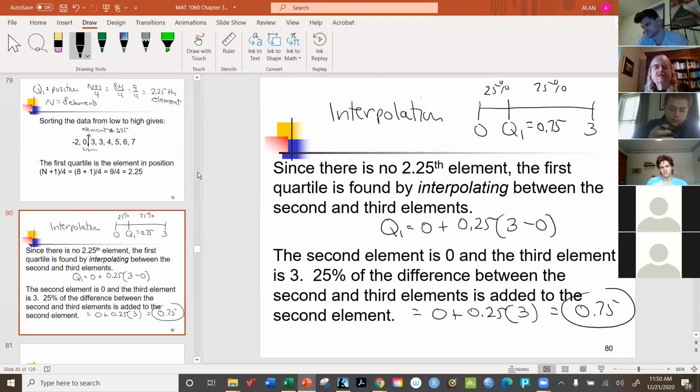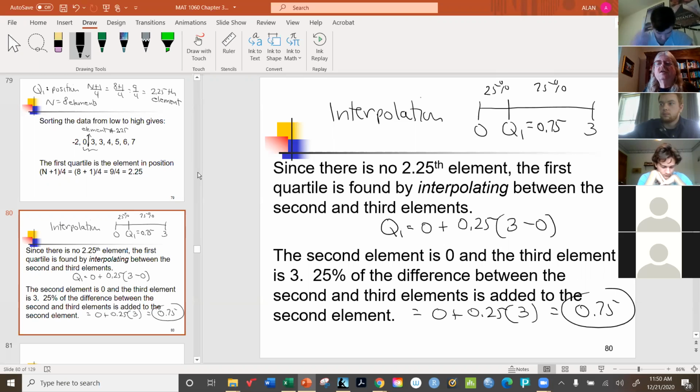That's what we're looking for. It doesn't exist in the sample, but as we've seen before, it doesn't have to. Like with the median, it doesn't have to be an actual element in the sample. We're looking for a position that separates the data in such a way that a quarter of them are less than this number, and 3/4 of them are above this number.